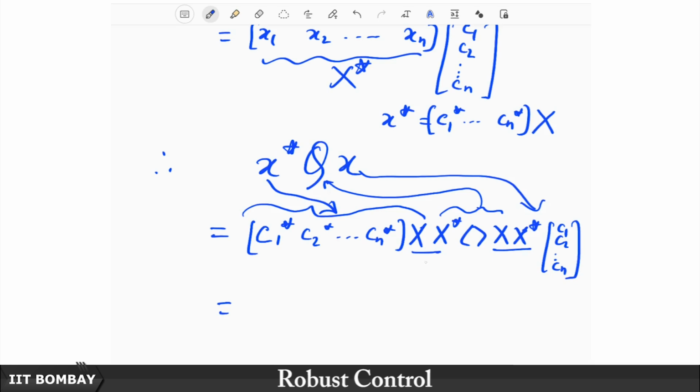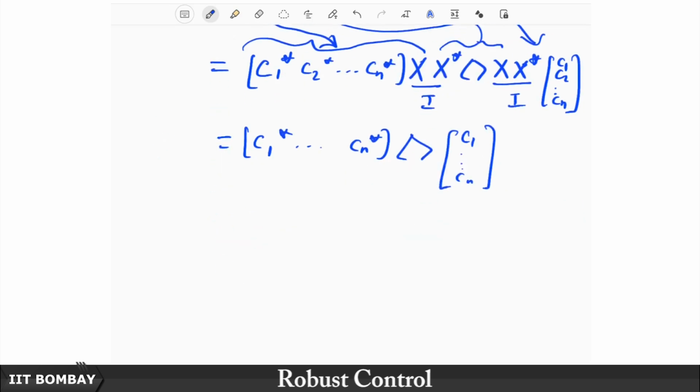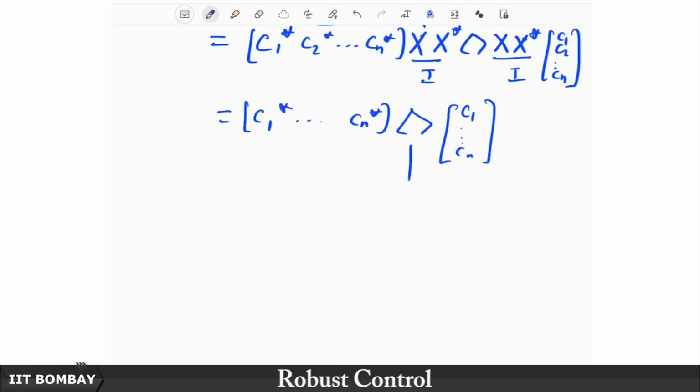I mean, these two are pulverized, so this becomes identity, this also becomes identity. So, I have basically then C1 star dot till Cn star, in between I just have this lambda, and finally I have here C1 dot till Cn.